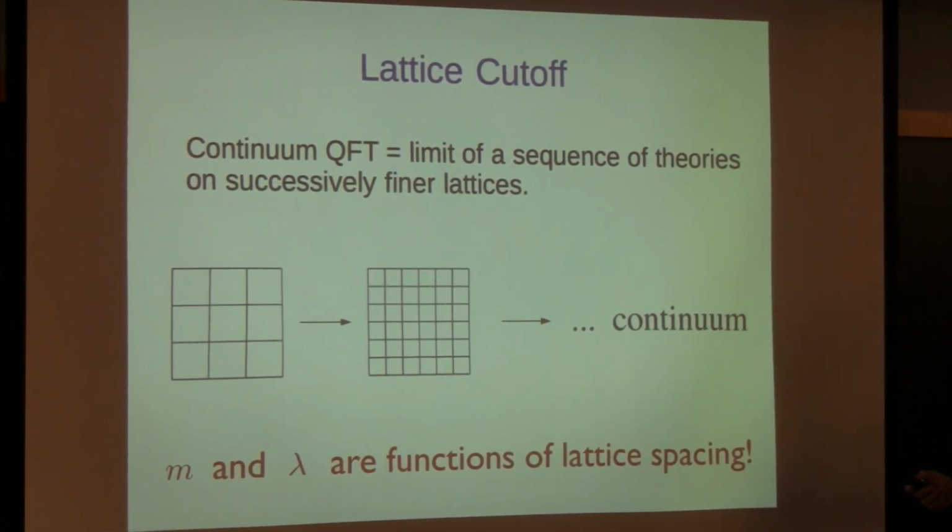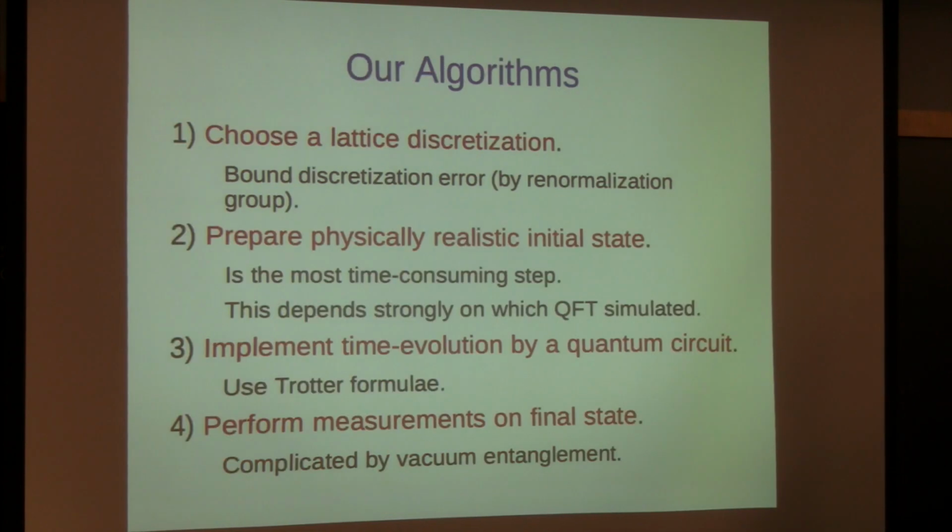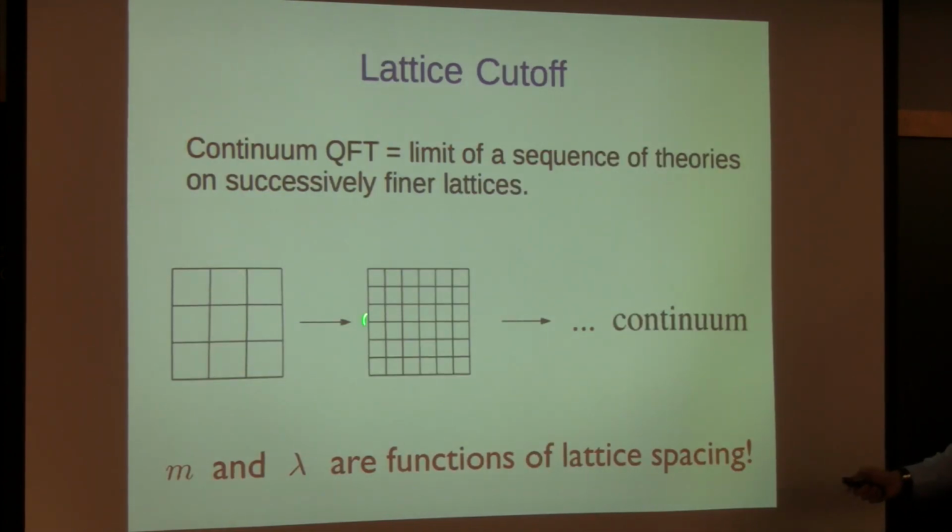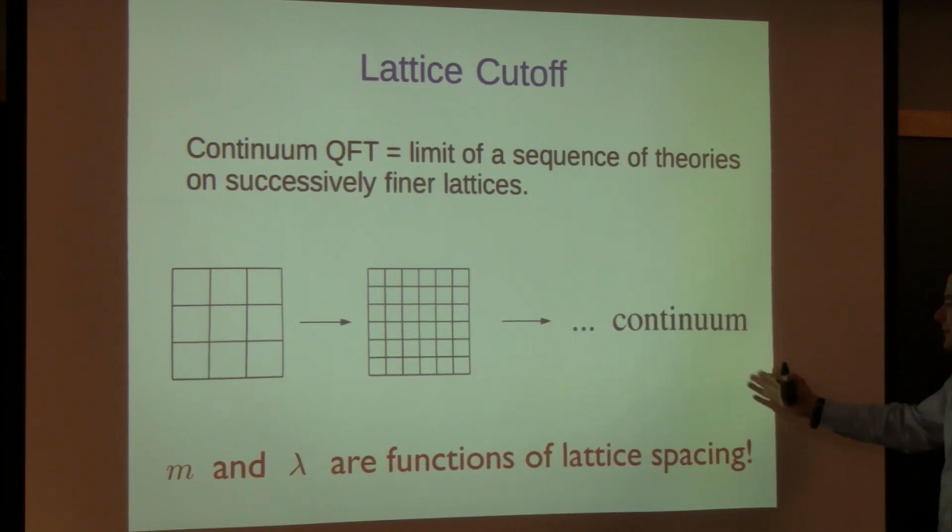And we can think of, conceptually, our continuum quantum field theory as some continuum limit of a sequence of lattice field theories. We have some lattice Hamiltonians on each lattice, and we try to take the limit of this. And as most people here know, to get this to yield a continuum limit, first of all, it only rigorously works in these 1 plus 1 and 2 plus 1 examples.